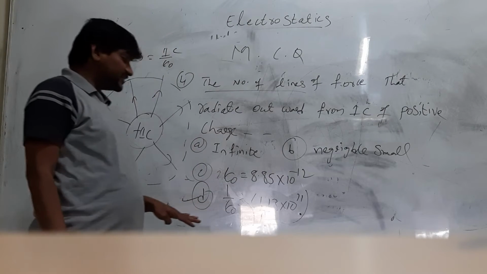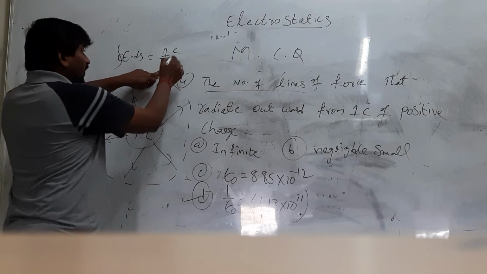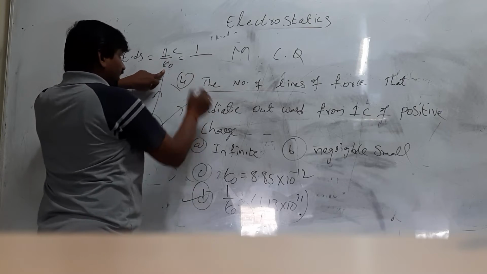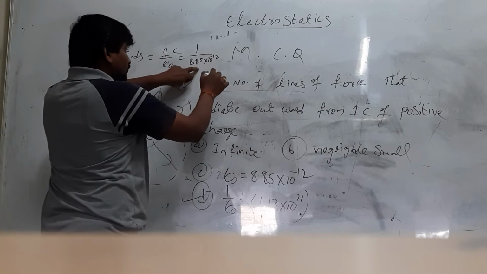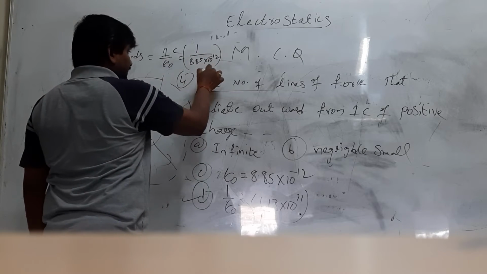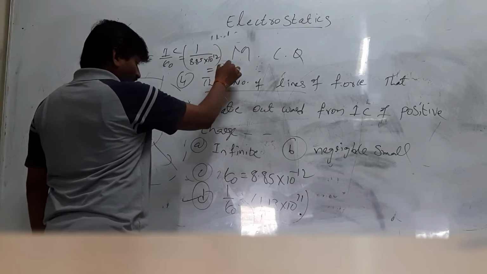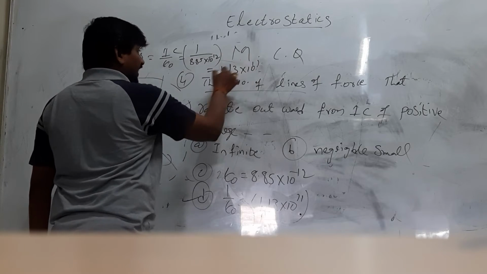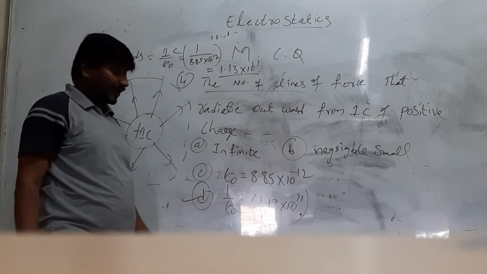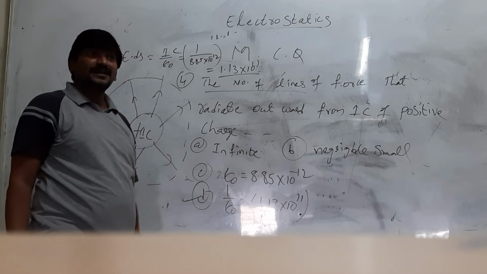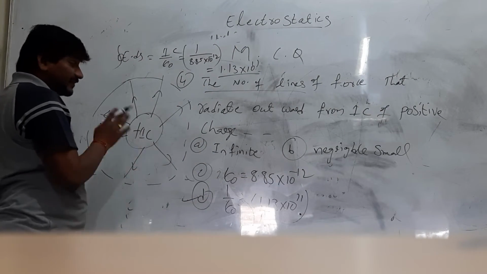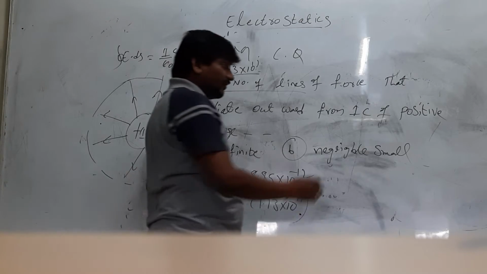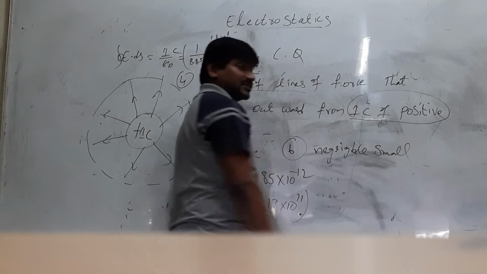Since we know this, 1 by epsilon naught means 1 by 8.85 into 10 to the power of minus 12. If you take the reciprocal, you get 1.13 into 10 to the power of 11. These many lines are emanating out due to 1 coulomb of positive charge.